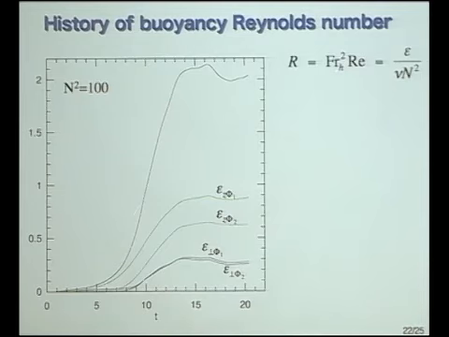And if we look at the last slide for buoyancy Reynolds number for N squared equal 100, this is a curve as a function of time. And here, epsilon is the three-dimensional energy dissipation.